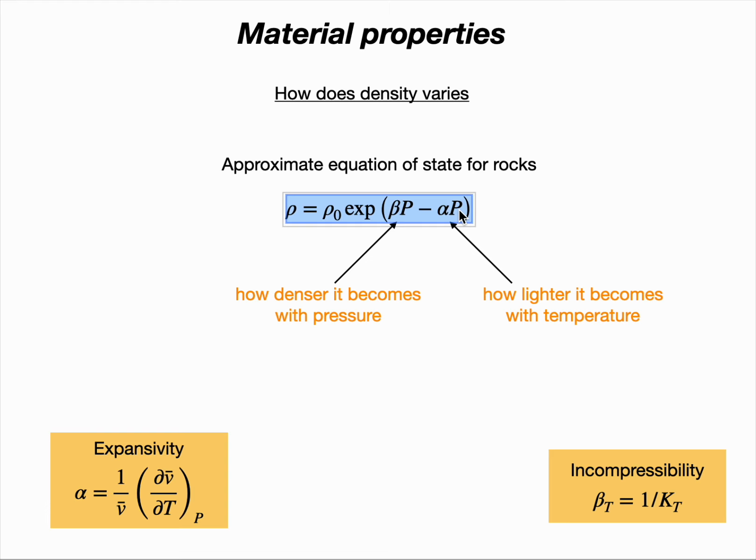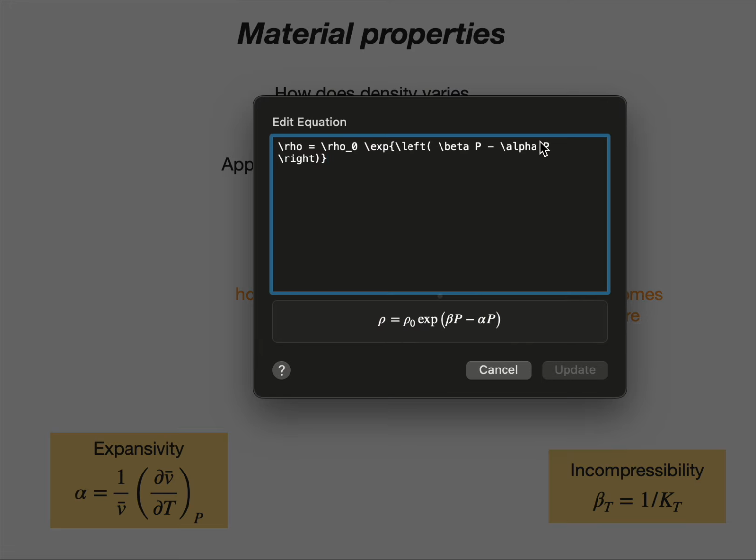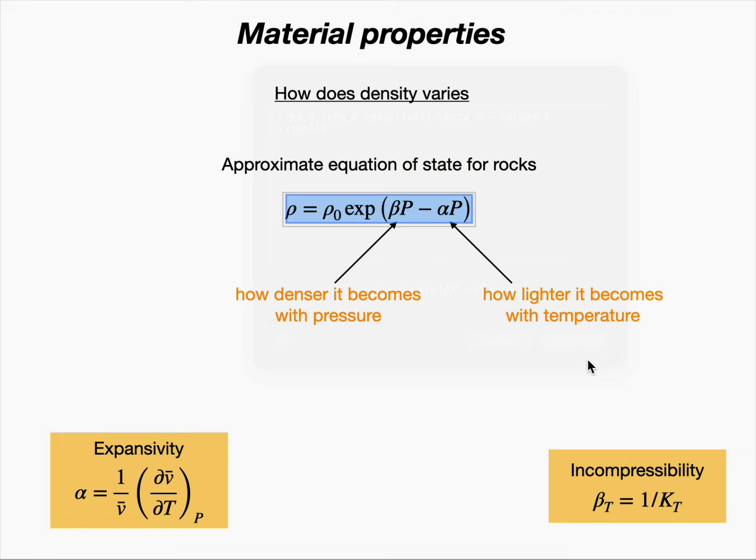This is a mistake here. I can correct it directly. You see rho 0 exponential beta p minus alpha t. It's basically how denser the rock becomes with pressure, and this is how lighter a rock becomes when temperature increases. Again, you see beta, it's the incompressibility factor, and alpha is the expansivity factor.